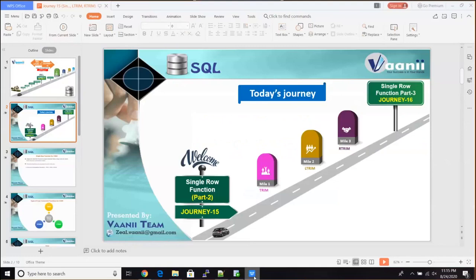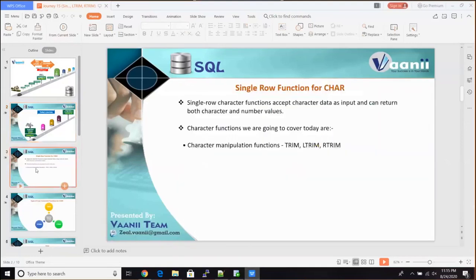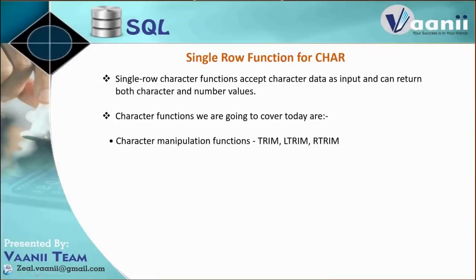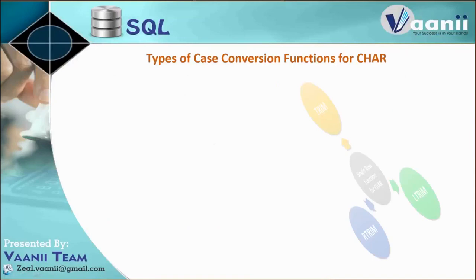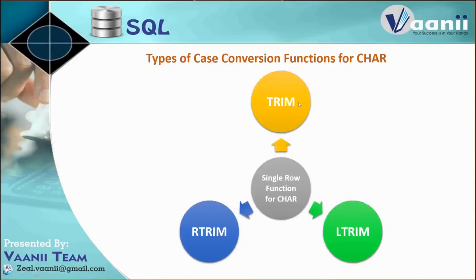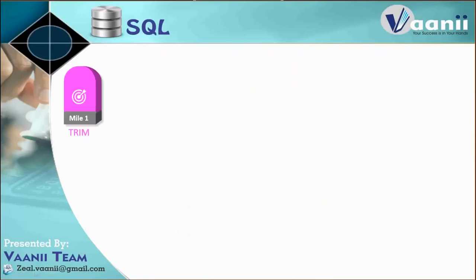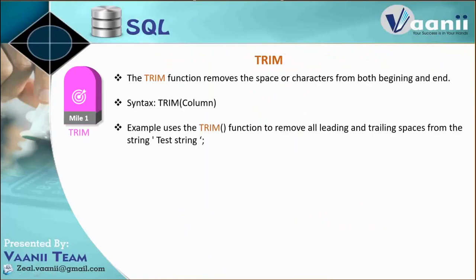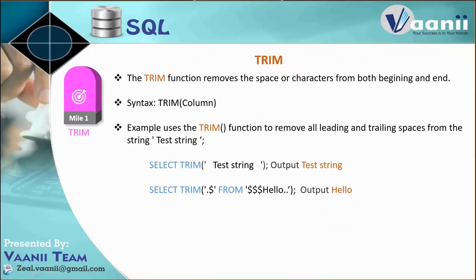Let's quickly revisit these functions and their syntax. We have LTRIM, RTRIM, and TRIM. TRIM works on both sides, and there are RTRIM and LTRIM. Now TRIM has one more functionality. If we have to remove any character from any side, we can use the TRIM function.